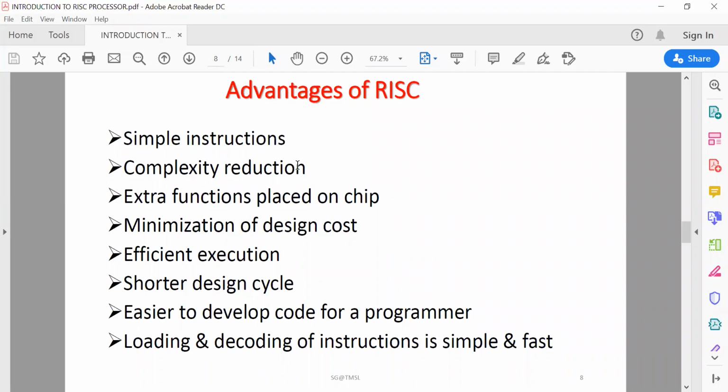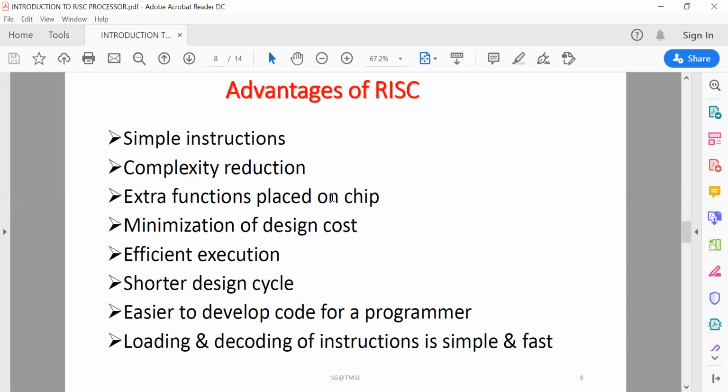As a result, several extra functions, such as the memory management unit or the floating point unit, can also be placed on the same IC.